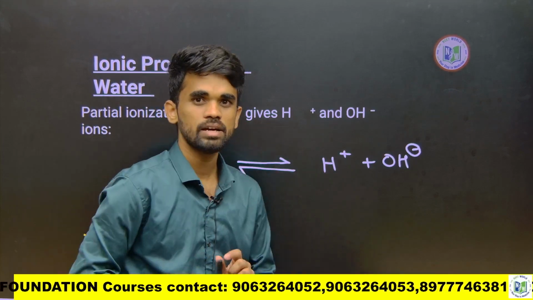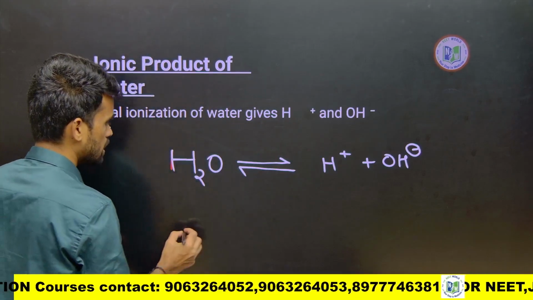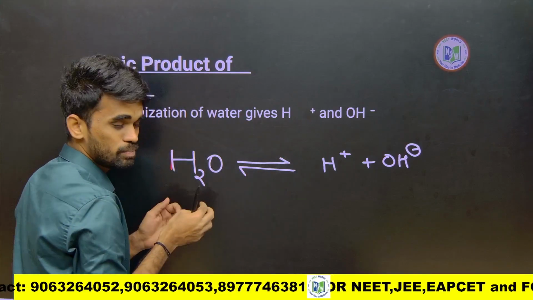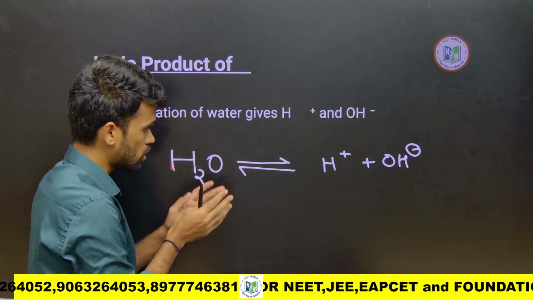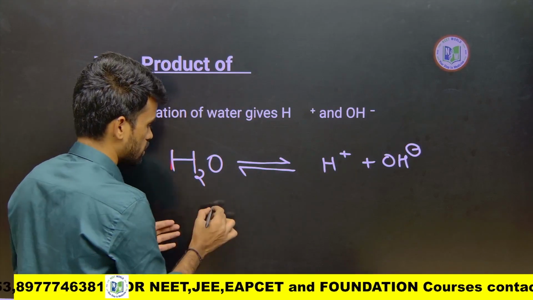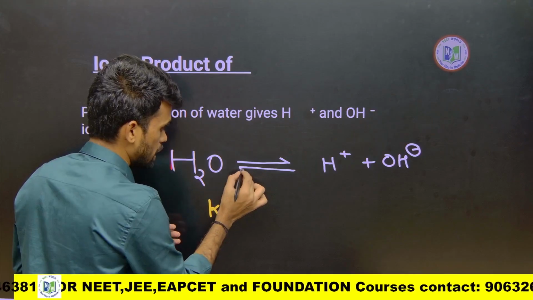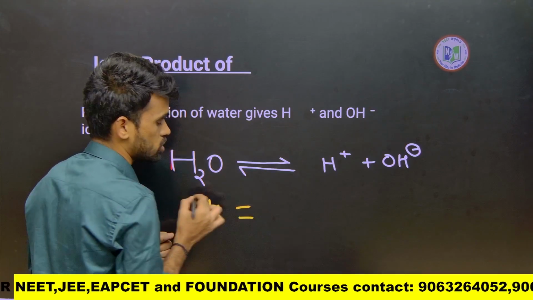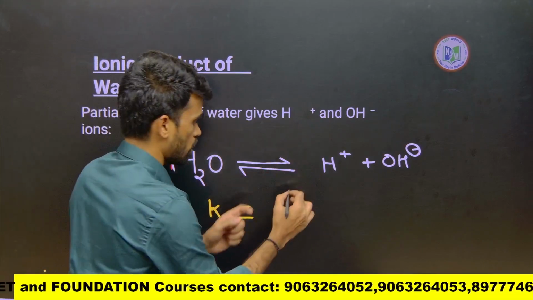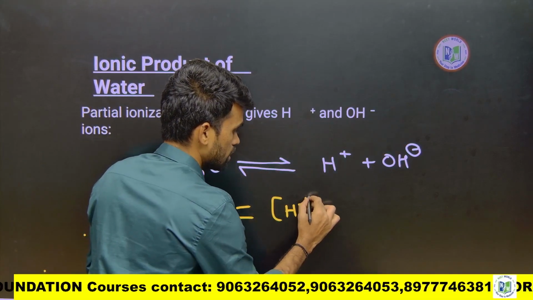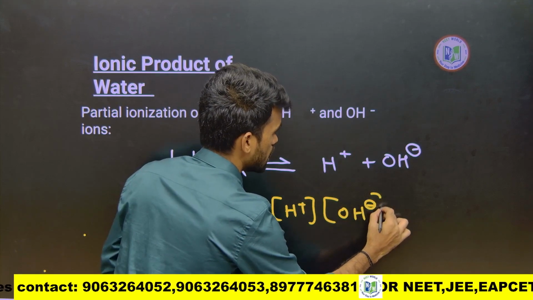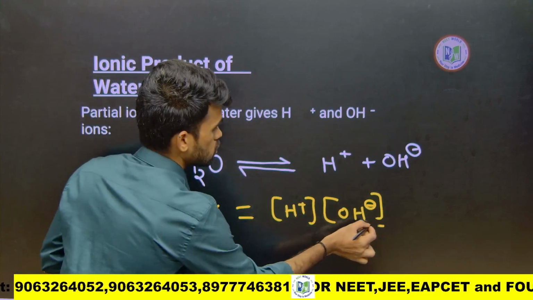Hope it is clear. Now, if we consider the equilibrium, this is the equilibrium symbol, forward and backward. It means it is a reversible reaction. So I can say this is a weak electrolyte. Now, what does the ionic product of water mean? We know for this equilibrium we have an equilibrium constant. This equilibrium constant is written as the concentration of products, H plus into OH minus, by the concentration of reactant water, where square brackets represent concentration.